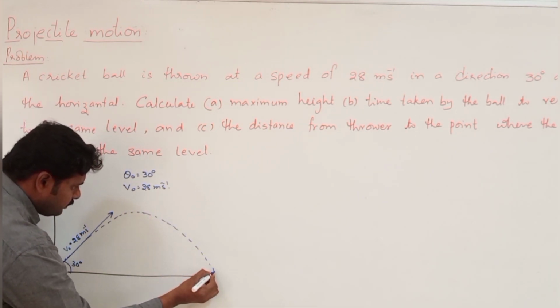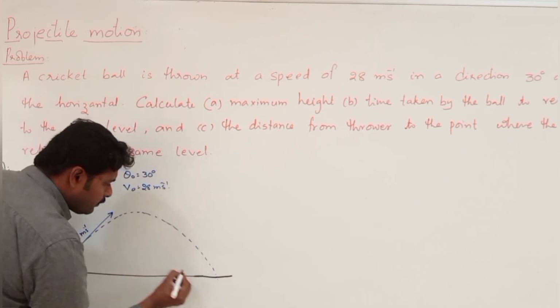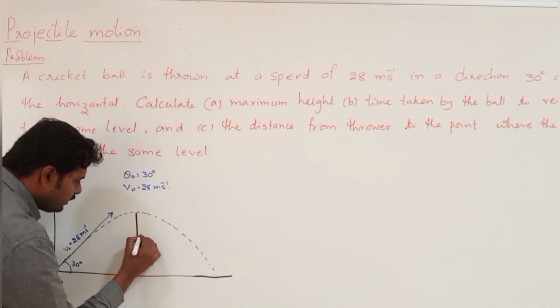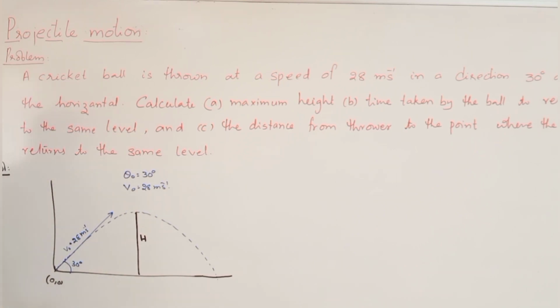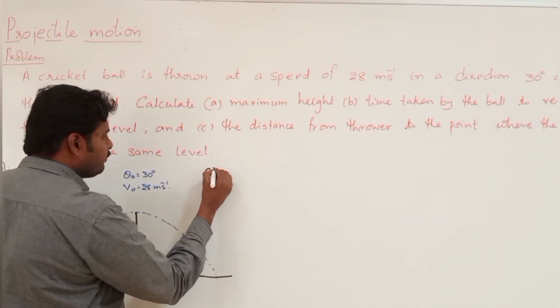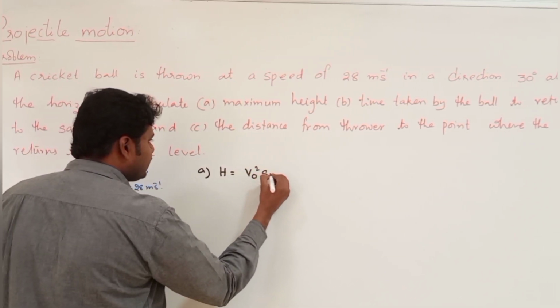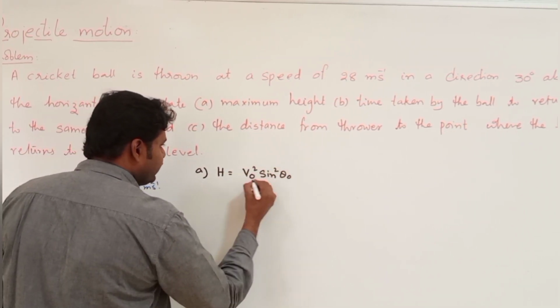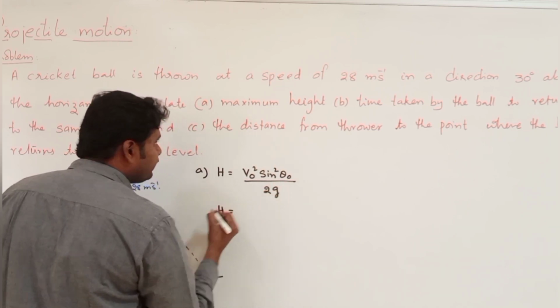If you observe it, this is the maximum height. Now what is the formula for maximum height? Maximum height is equal to V naught square sine square theta naught by 2g. Substitute g is equal to 9.8.